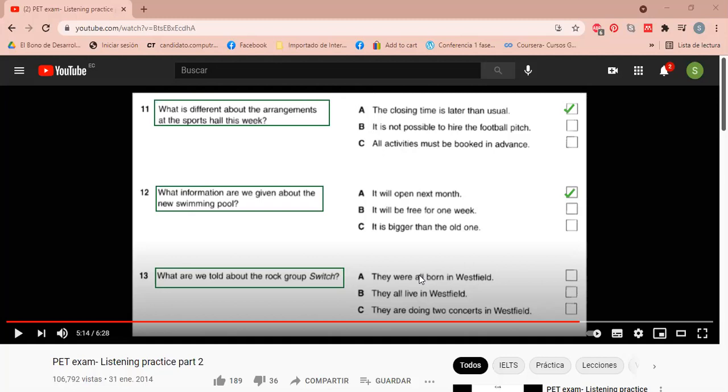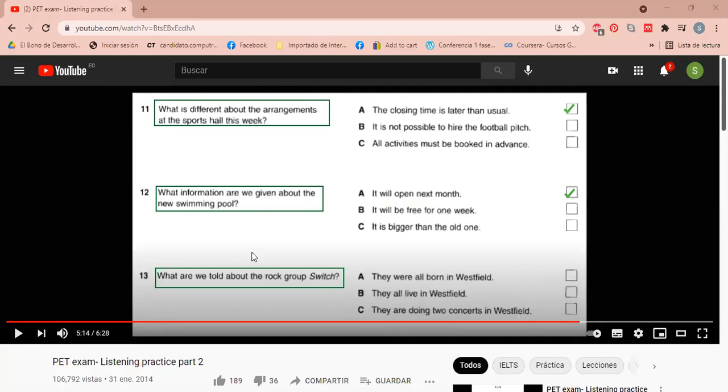And what about the rock group Switch? Was letter A, B, or C? Okay, I have an A. They were all born in Westland. They all live in Westfield, or they are doing 2 concerts. Okay. Good, guys.